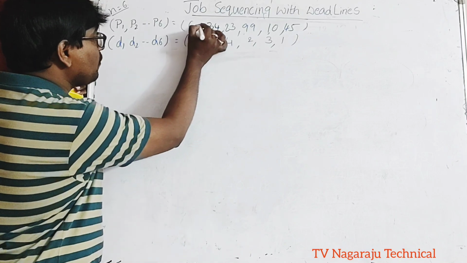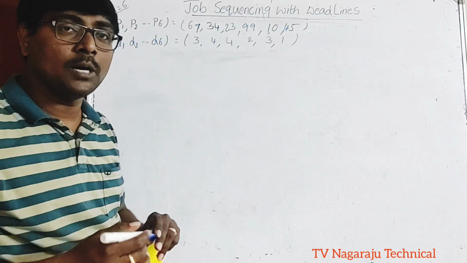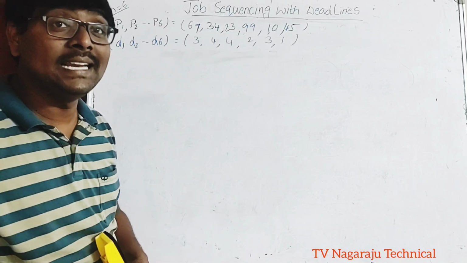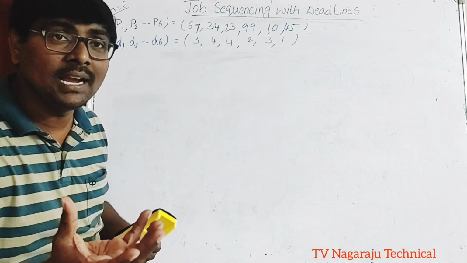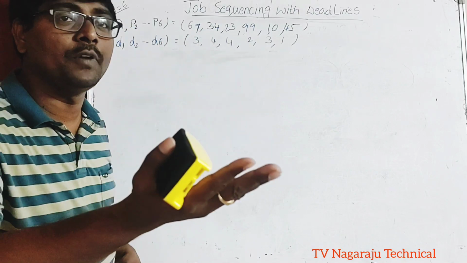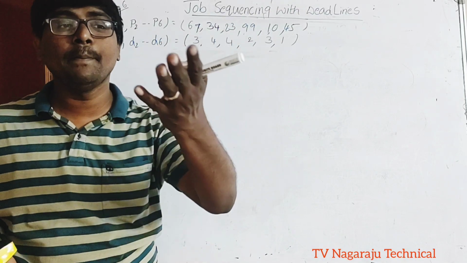Now what is the first step? The first step is to arrange the jobs according to the profits in descending order. Why descending order? My aim is to get maximum profit. So first, which job do you need to consider? The job which has the maximum profit.